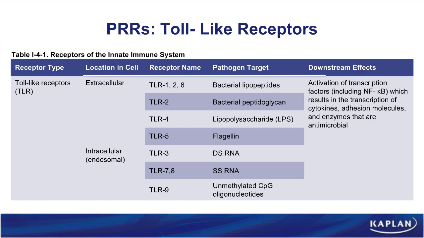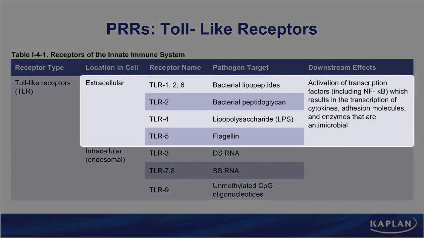You do need to know at least which of your toll-like receptors are found on the surface of your phagocytes. It's fairly easy, so just start counting up. I've got toll-like receptor 1, 2, you got to skip 3, and then 4, 5, and 6.